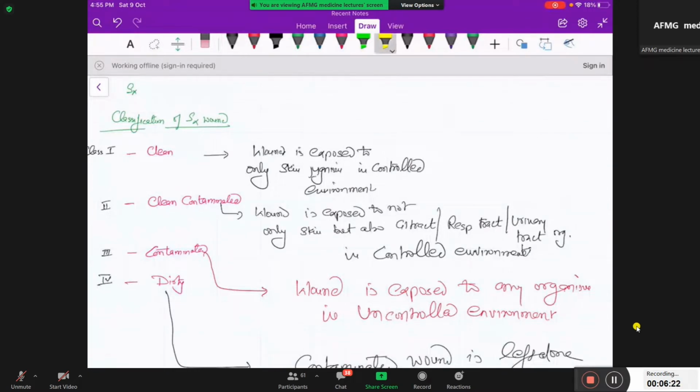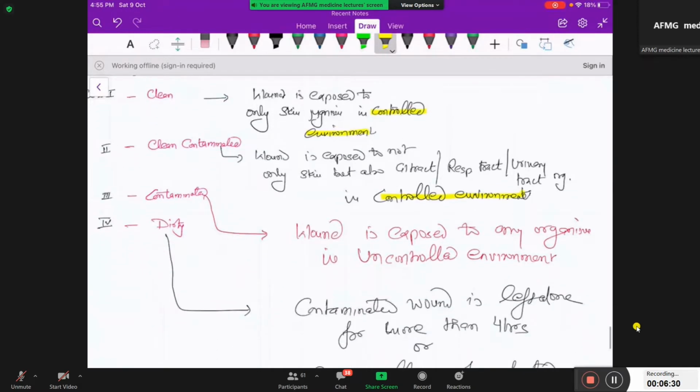In class 1 and class 2 wound, the environment mentioned is controlled. In class 3 and class 4, the environment is uncontrolled. Agreed? So, in deciding any particular wound, in any given question, listen to this very carefully.